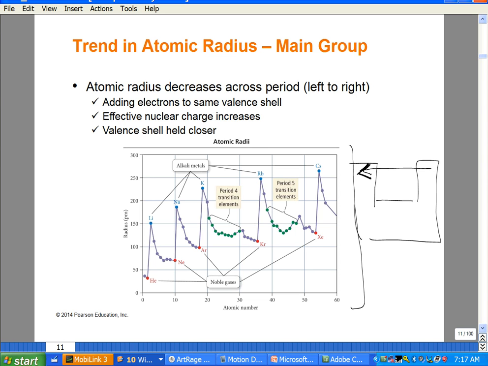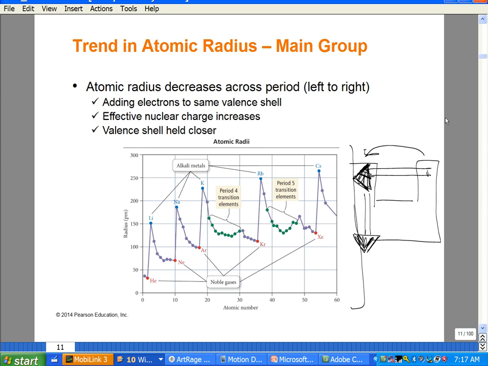So the elements on this side of the periodic table are going to be larger in atomic radius than the ones on this side. It also tells us that the atomic radius increases as we go from top to bottom.